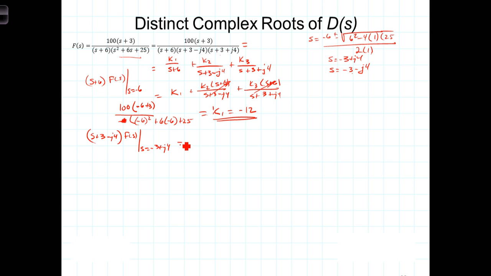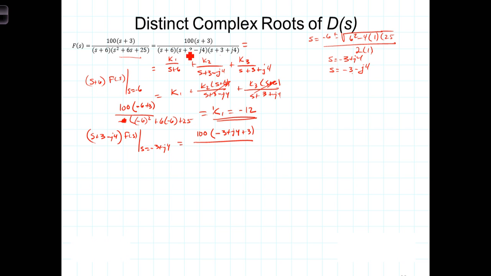Going ahead and evaluating this side of the equation, this factor is going to cancel, and we're left with, in the numerator, 100 times s, but s is equal to negative 3 plus j4, and then we have the plus 3.